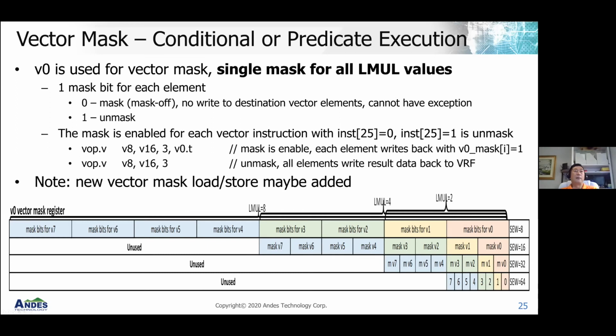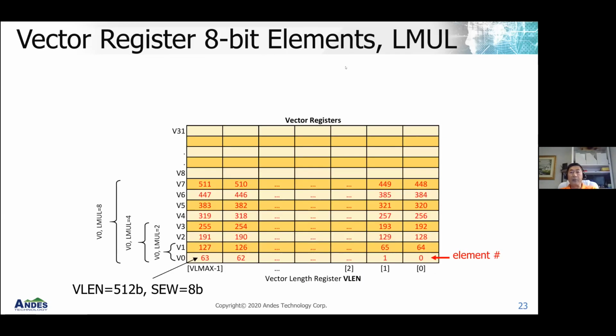Okay. So now let's get back to this mapping again. When Elmo equals 1, you have 64 elements.